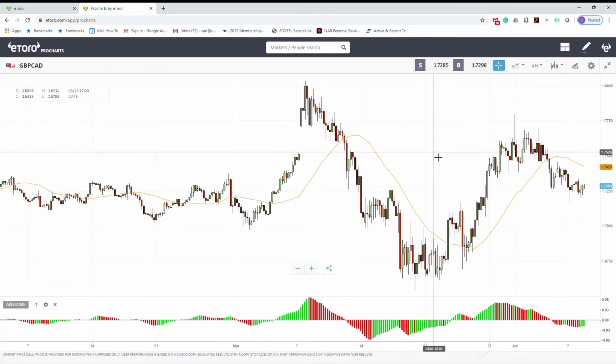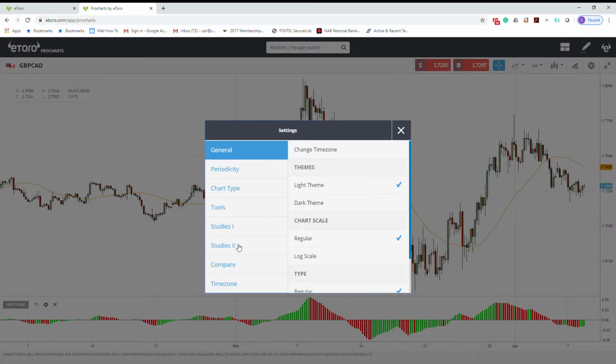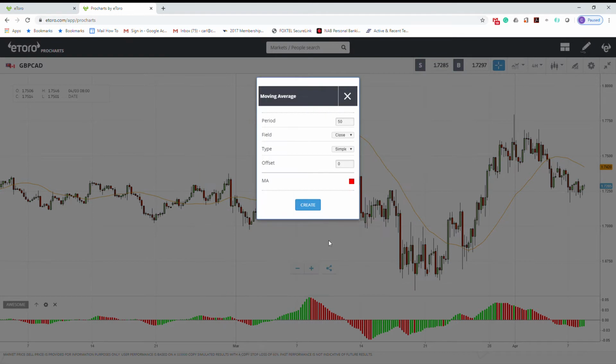Create. Now I'm going to add the other simple moving average, which is 5 periods. Just change it to blue. Okay, and it's simple. Create.